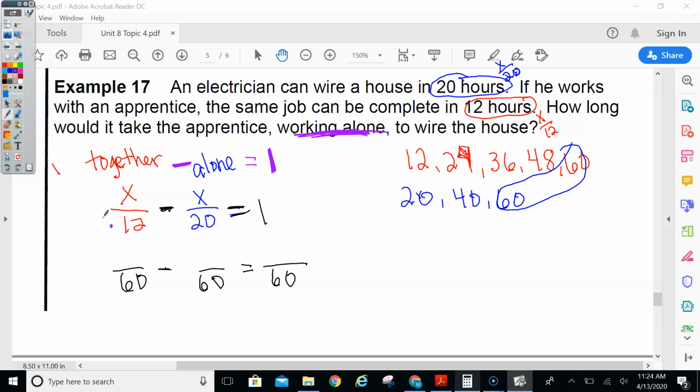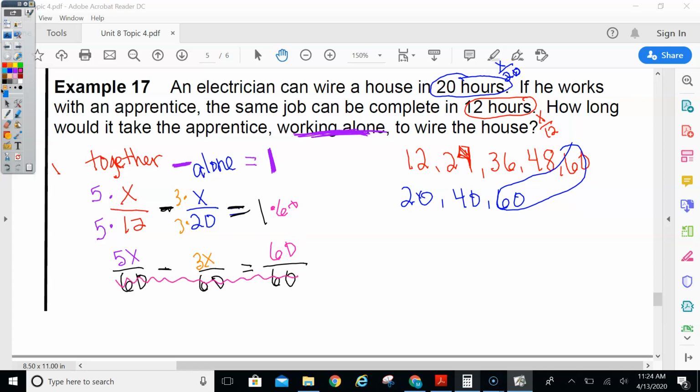So I multiply this one by 5 to get 60. So then I multiply this one by 5 and get 5x. What do I have to multiply 20 by to get 60? I have to multiply it by 3. So I'll multiply x by 3 and get 3x. And what do I have to multiply 1 by to get 60? I have to multiply it by 60. So 60. So again, all of these go away.